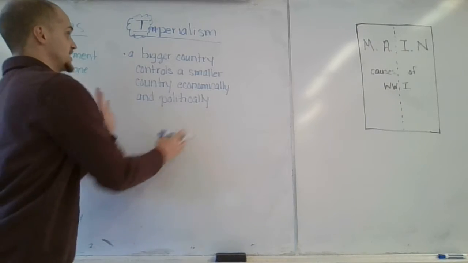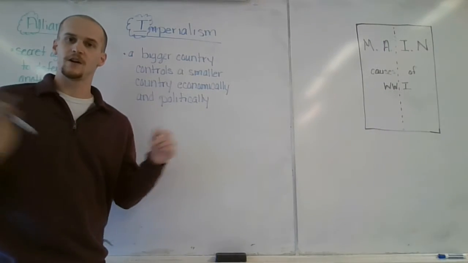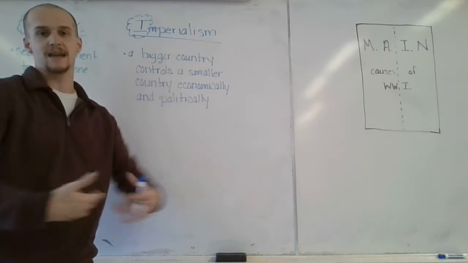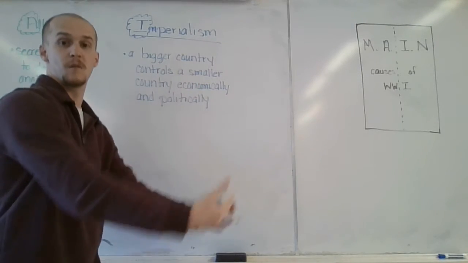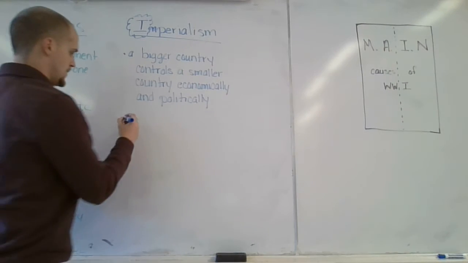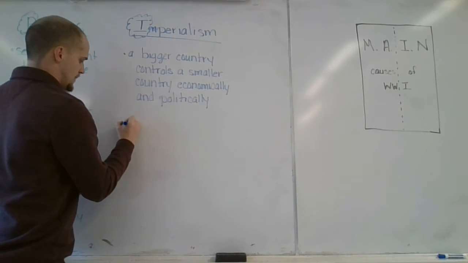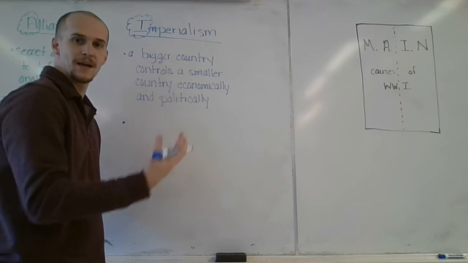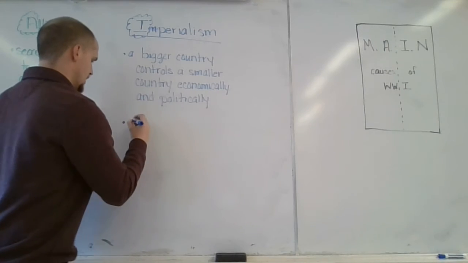And remember, imperialism was kind of a race. It was how can all of these bigger countries gain more colonies, more land, more smaller countries to be under their control. And so what you see are hotbeds for conflict.